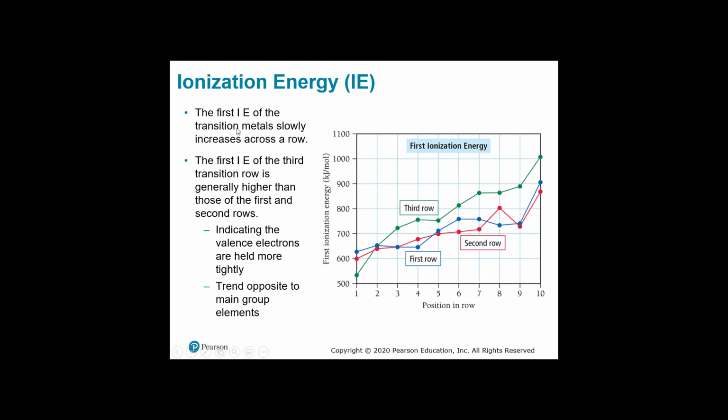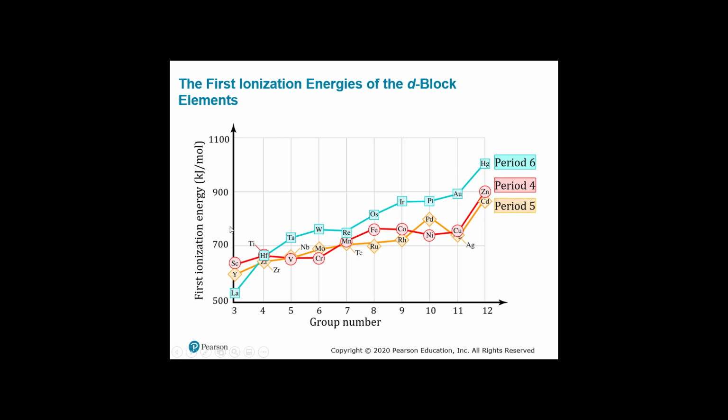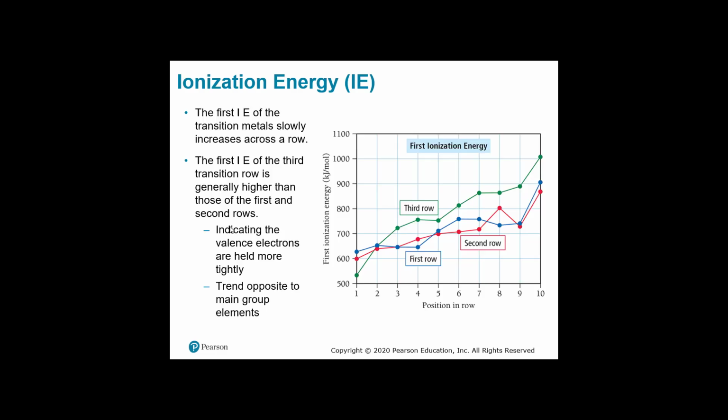Because if you remember, going down a group, I think I have it here. I do not have, of all the graphs I showed, I didn't bring it here. Ionization energies are less the more you go down a column, that means that it takes less energy to remove those electrons.